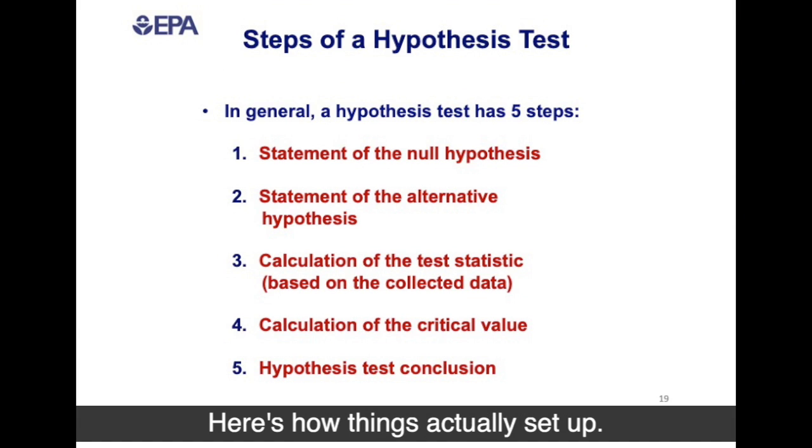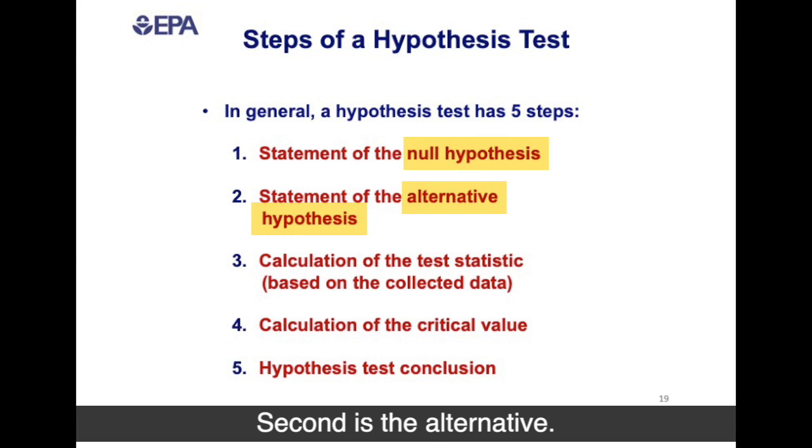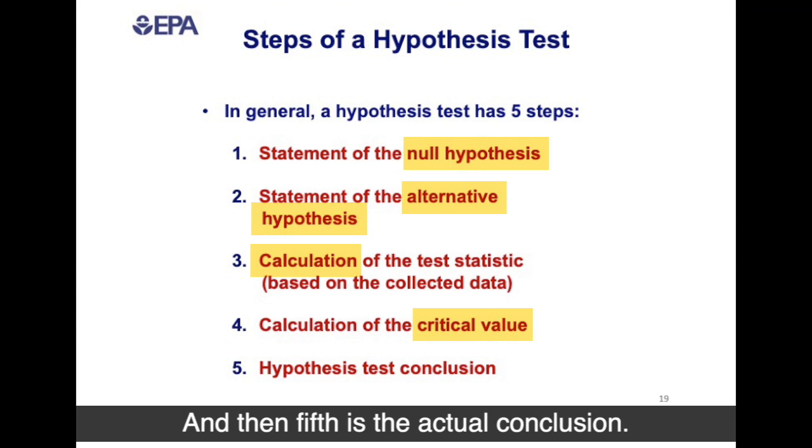Well, here you go. Here's how things are actually set up. In general, a hypothesis test has 5 steps. The first one is the null hypothesis. The second is the alternative. Third is the calculation. The fourth is the comparison to critical level. And then the fifth is the actual conclusion.